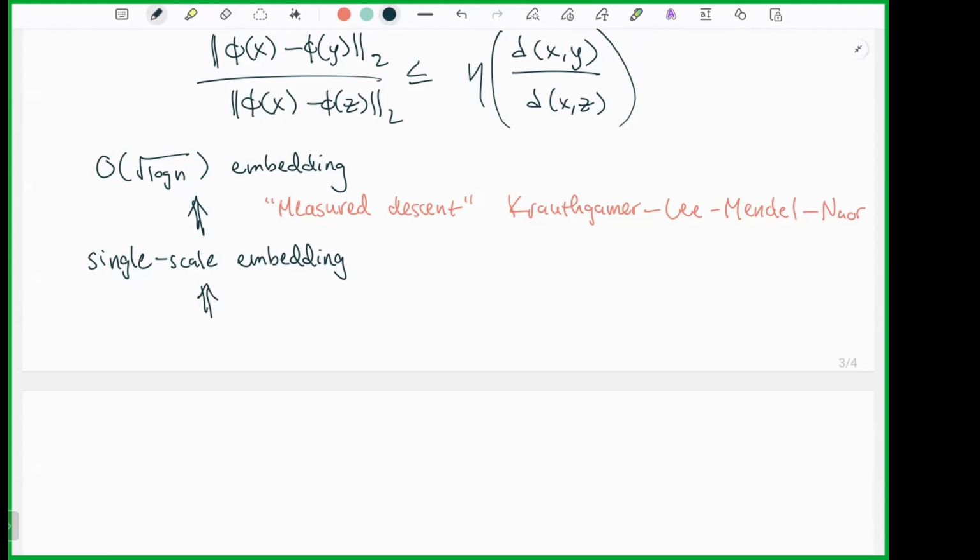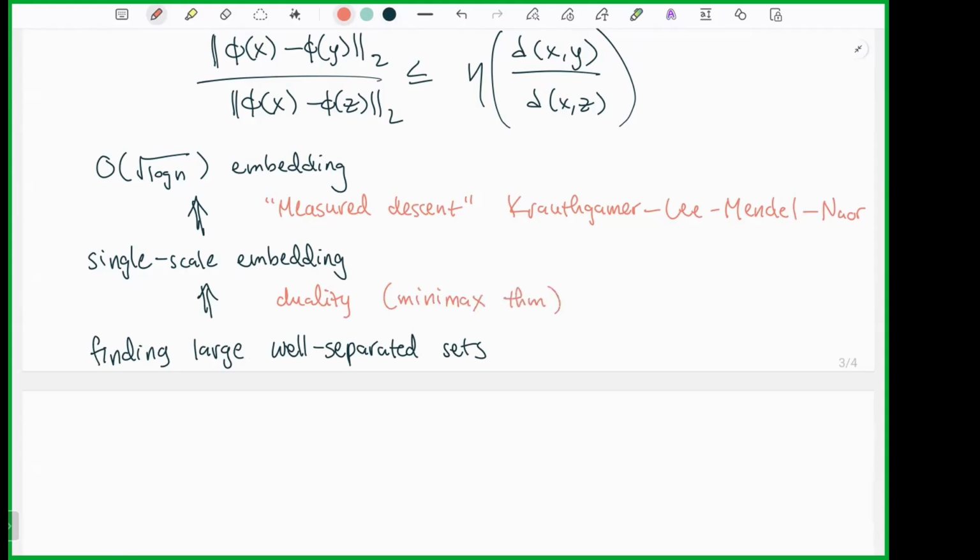let's say finding well separated sets, finding large well separated sets in our space. And the way this implies the thing above is by duality, like the minimax theorem.